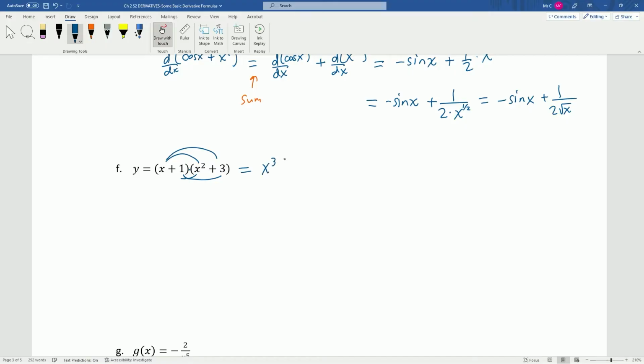So we get x cubed plus 3x plus x squared plus 3. None of these powers are the same, so I can't combine any terms, so I won't bother with that. But now if I want my derivative of this thing, I can split up the sum.